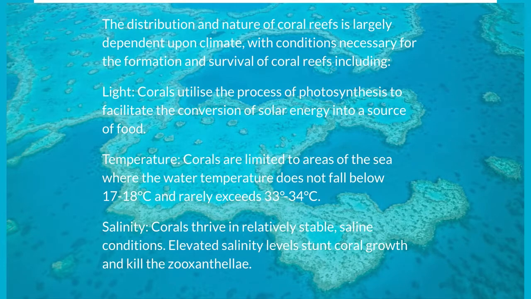And temperature, obviously, corals are limited to areas that are in the temperatures they need. And then salinity, obviously the corals need a stable saline condition in which they can grow and live and survive.